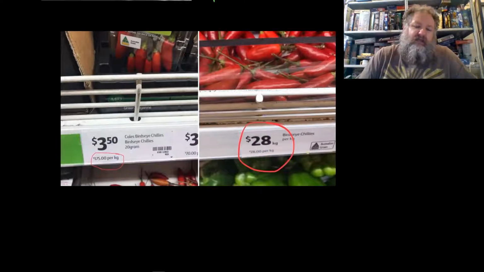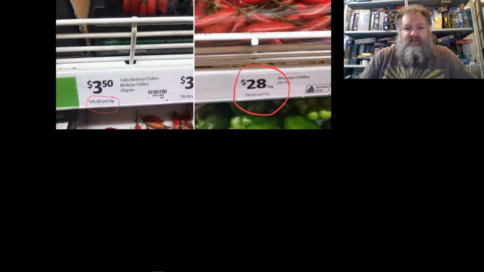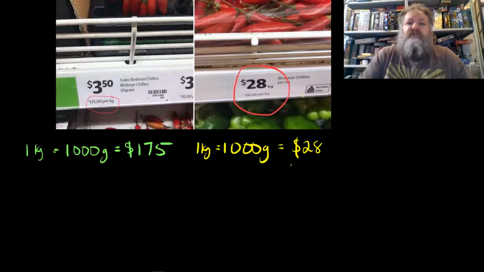And you might think, okay, well, does that really make much of a difference? Well, let's look at the maths again. So let's look at them in terms of their unit price. And we'll do it per gram. So 1,000 grams or 1 kilogram, I could put that in there if that makes you happier. 1 kilogram, which is 1,000 grams, is equal to $175 on the left. 1,000 grams or 1 kilogram over on the right hand side is equal to $28.